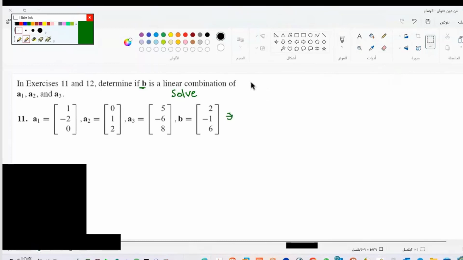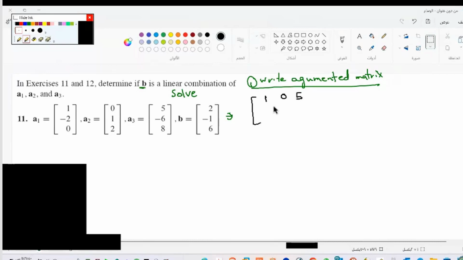So the first thing I will write is the augmented matrix. This is the augmented matrix: 1, 0, 5, 2; minus 2, 1, minus 6, minus 1; 0, 2, 8, 6. Then I solve it. This is the main diagonal, and below it should be 0. So let's solve together.